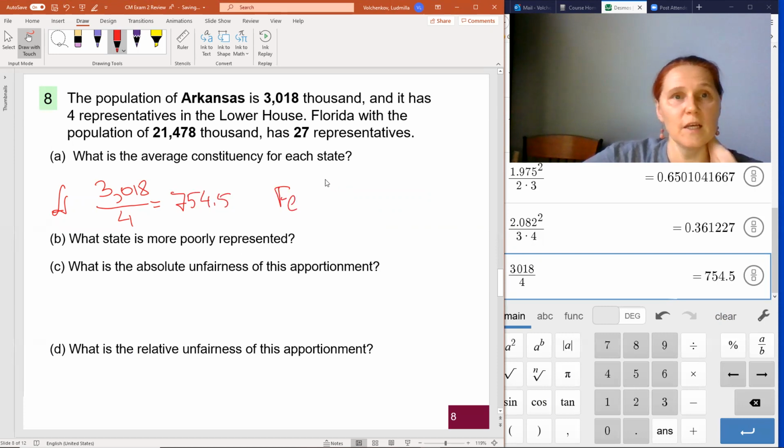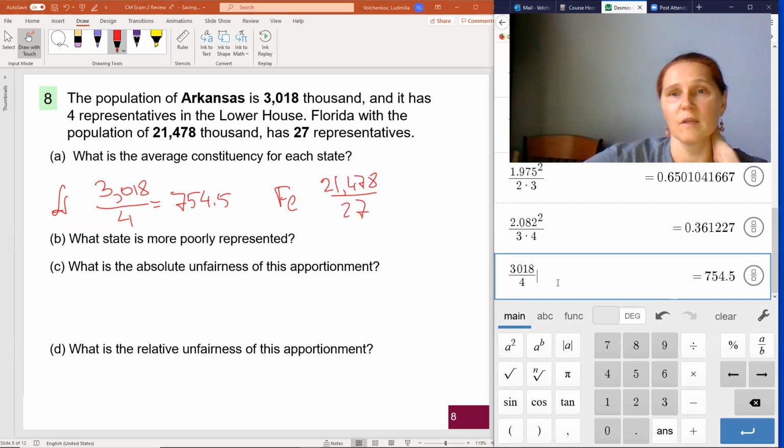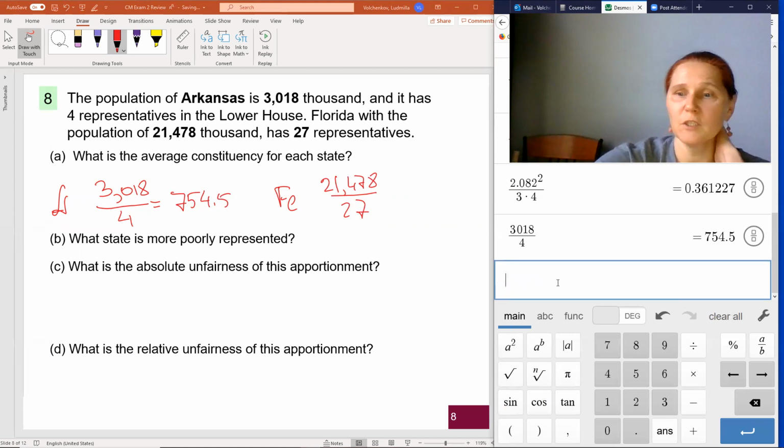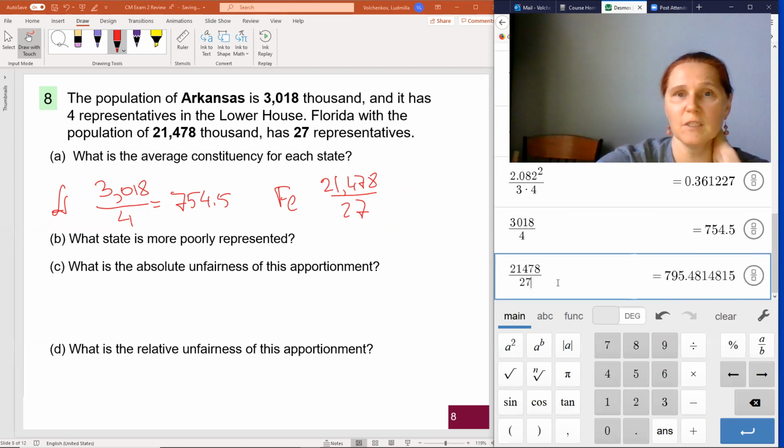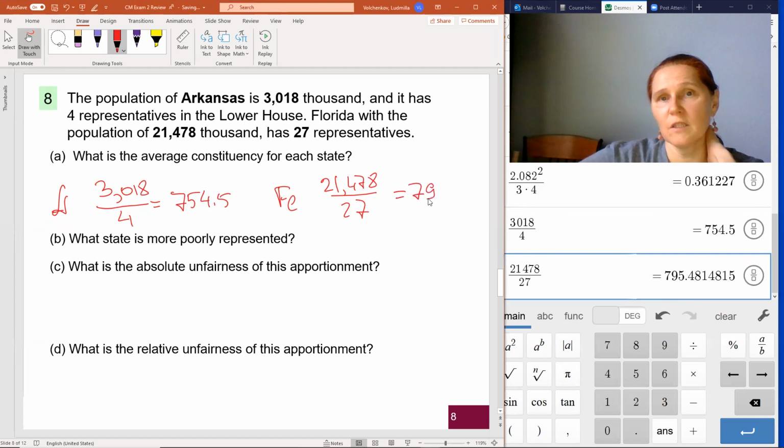Florida has population 21,478 and 27 representatives. So the average constituency will be 21,478 divided by 27, 795.48 approximately.